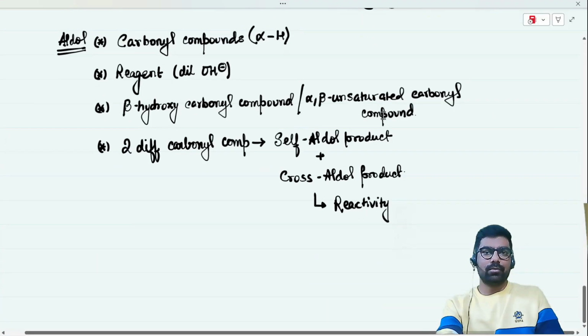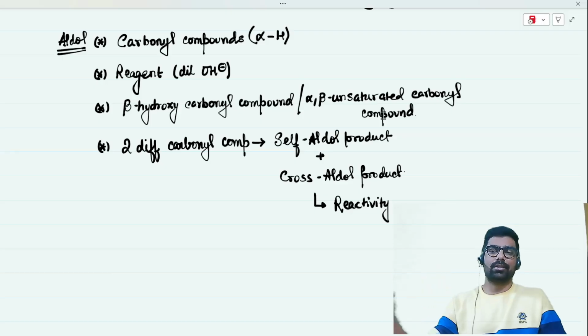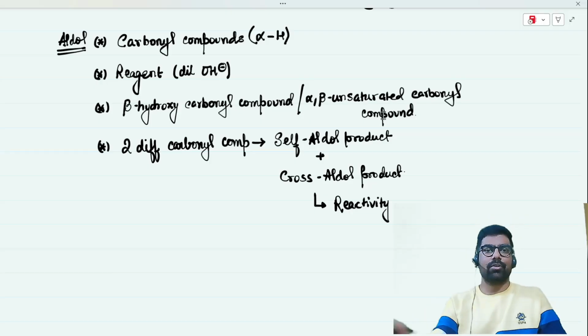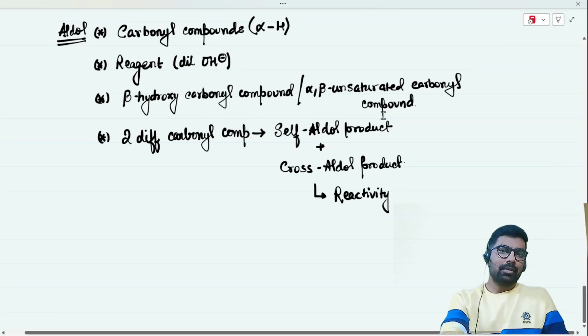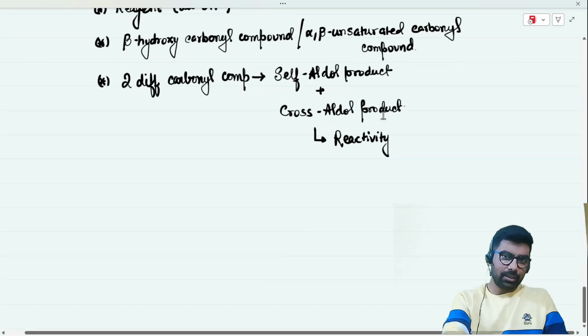Initially, the aldol condensation that we have studied, the main aldol condensation, takes place in the presence of a base that can be dilute NaOH or dilute KOH, right? But the possibility of an aldol condensation in an acidic medium is also there.